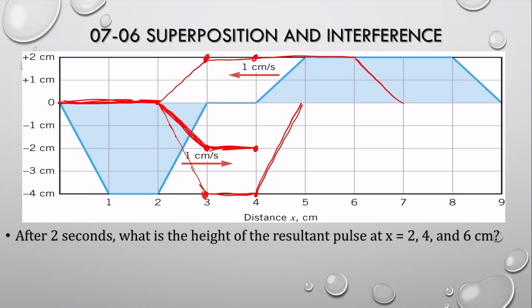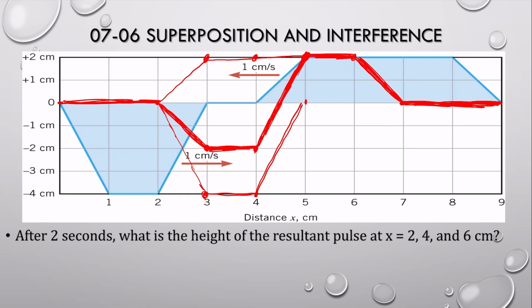So we're adding the heights, the amplitudes. Then we have 2 and 0. 2 and 0 is 2. And then here we have 2 and 0. And then 0 and 0. And then there's no more pulse.